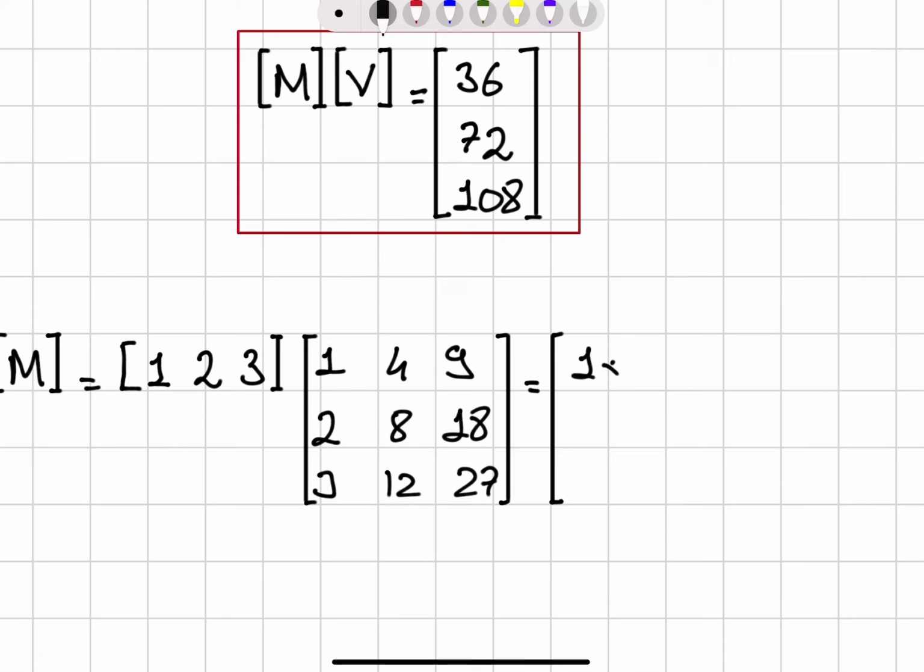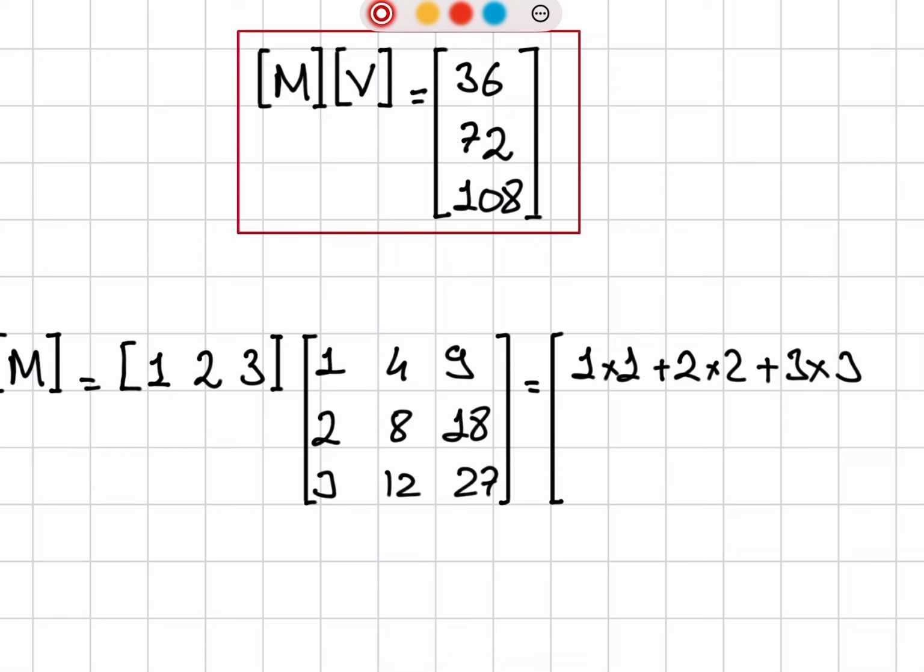The second element is 1 times 4 plus 2 times 8 plus 3 times 12. So let's just be careful here.